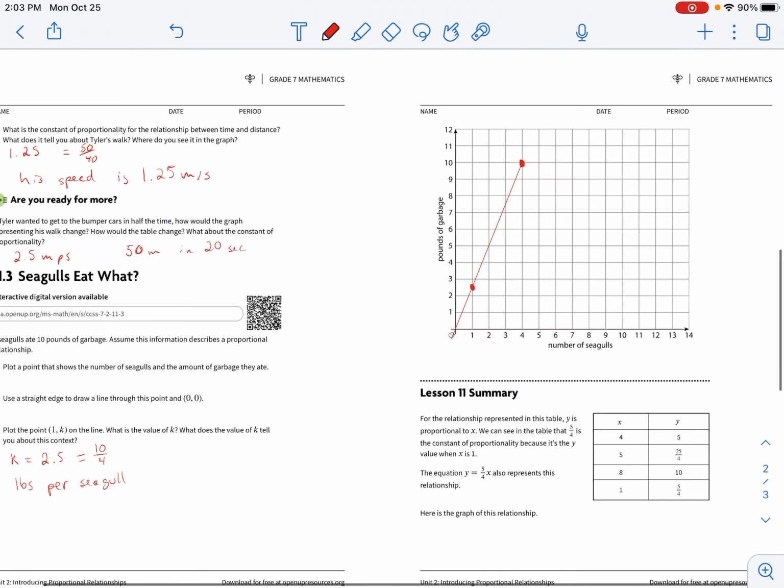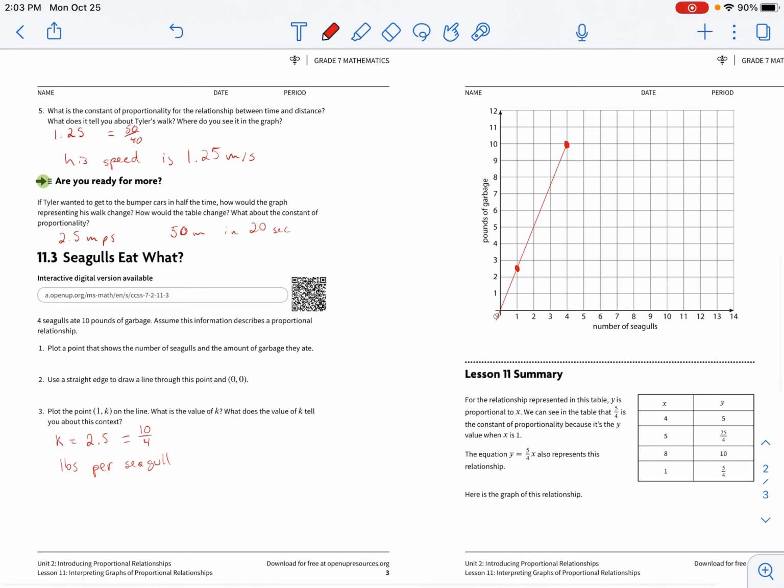Okay, and that looks like that's all. So that's using graphs, using points, using tables to interpret what the graph is going to look like and what it tells us. And so remember, anytime that you're given just a point on the graph that is proportional, you can use your x and y to find the constant of proportionality. But that is only if it is proportional.